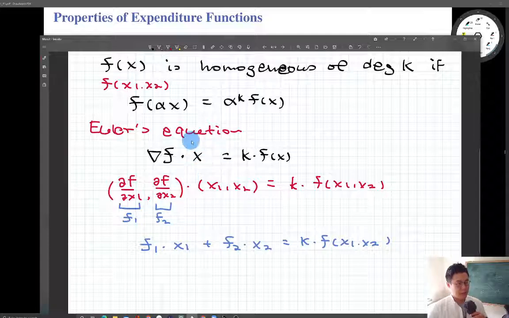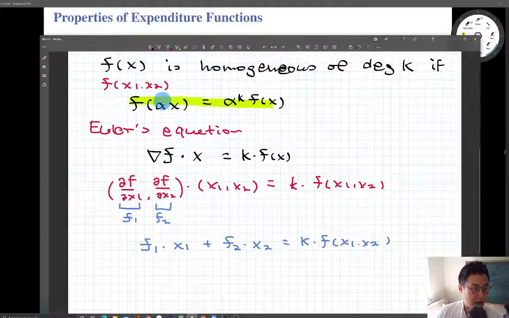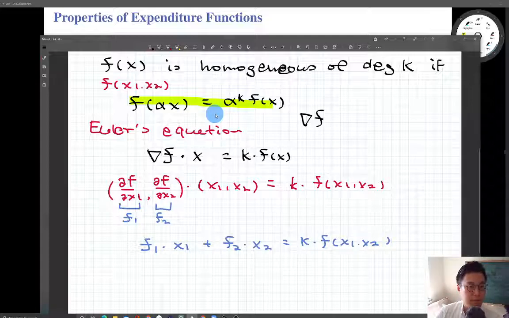And the way to derive this equation is we take the derivative of this definition, the key characteristic of homogeneity, with respect to alpha. By the chain rule, the derivative of this function f evaluated at alpha x with respect to alpha gives us the gradient of f dot x, evaluated at alpha x.